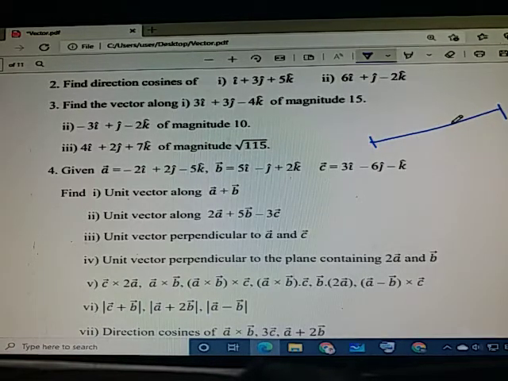You require a vector of magnitude 15, so its length must be modified. The direction is 3i plus 3j minus 4k, given by its unit vector. So you find the unit vector and then multiply by 15. Then its modulus will be 15. That is the way to find this.